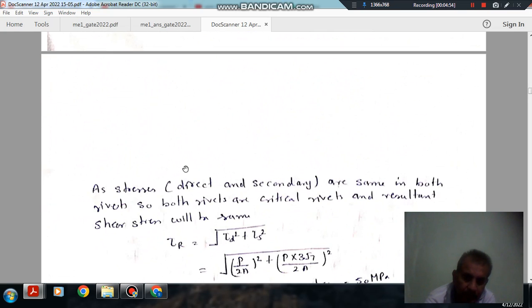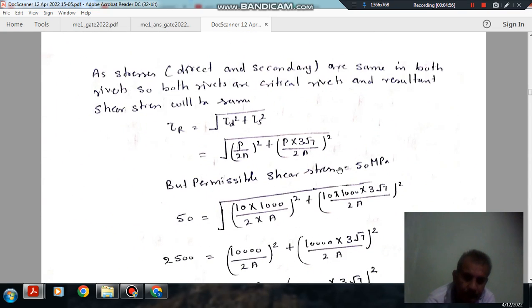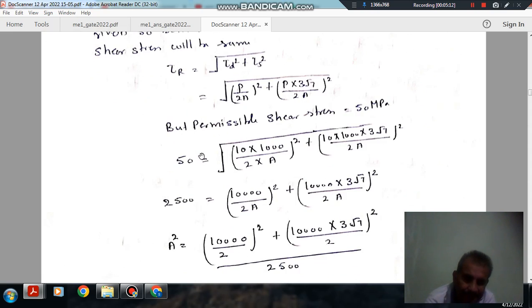But here the permissible stress is given as 50 MPa, and P is also there, and A is the area of the rivet. P is given as 10 kilonewton.